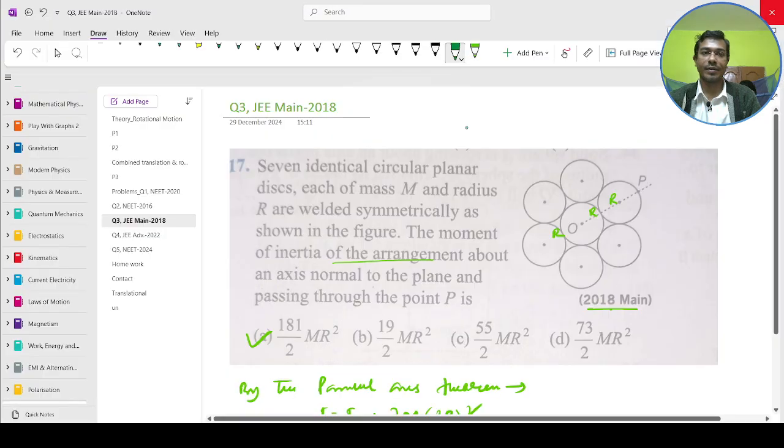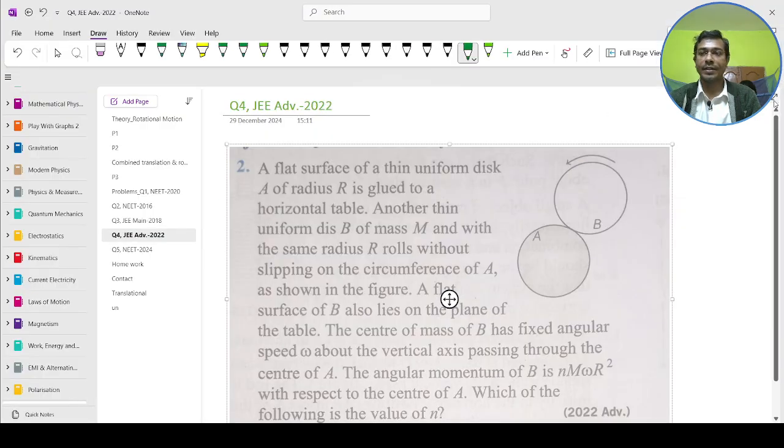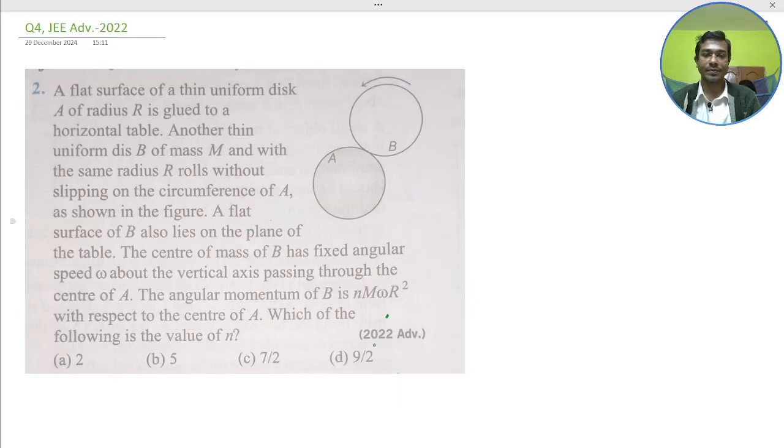So next one, JEE Advanced 2022. A flat surface of a thin uniform disk A of radius r is glued to a horizontal table. Another thin uniform disk B of mass m with the same radius r rolls without slipping on the circumference of A as shown in the figure.